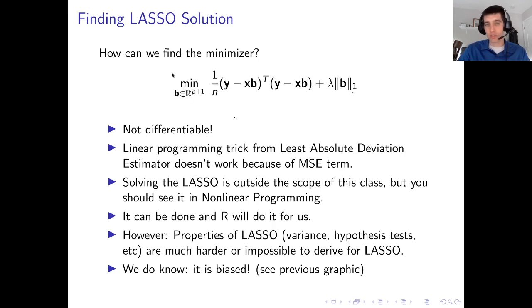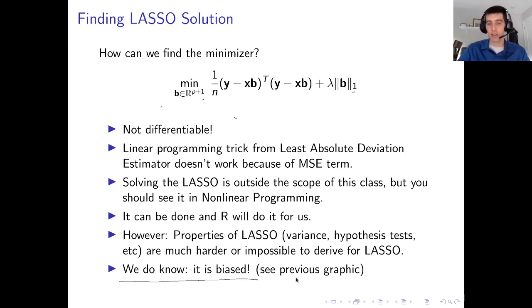One result of the fact that this is non-differentiable is that properties like variance, hypothesis testing, and so on are harder to derive for the lasso than even in the ridge case. So that's just something to note that falls out of this optimization problem. We do know that the lasso estimator is biased. Similar to the ridge estimator, when you put this penalty on, you induce some bias, right?